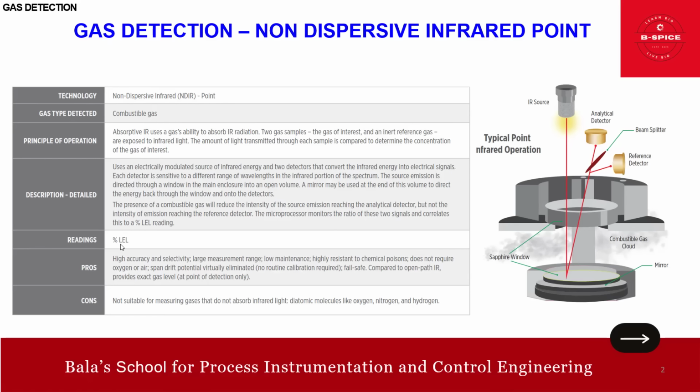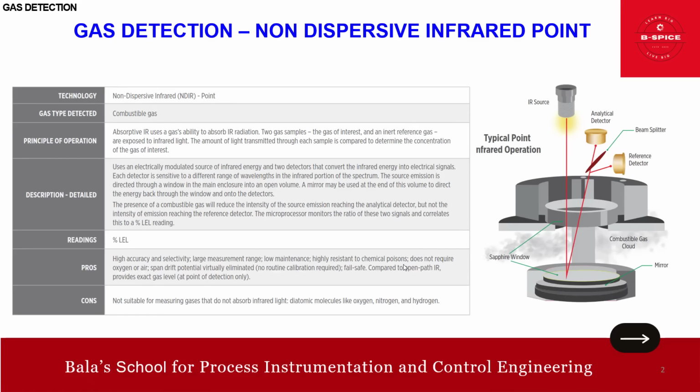So of course the reading will be in percentage LEL, and when we talk about the pros, yes, it is highly accurate and selective, and we can use this for a large measurement range, and of course low maintenance is a very good news, and highly resistant to chemical poison. If you look at the previous metal oxide, right, that's subjected to poison, but here there is no such thing.